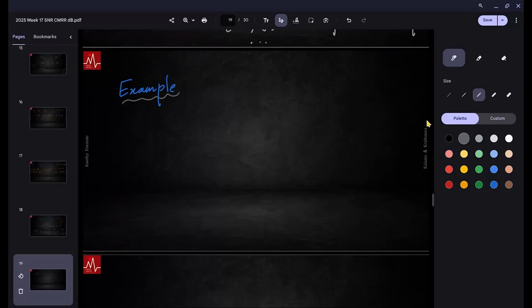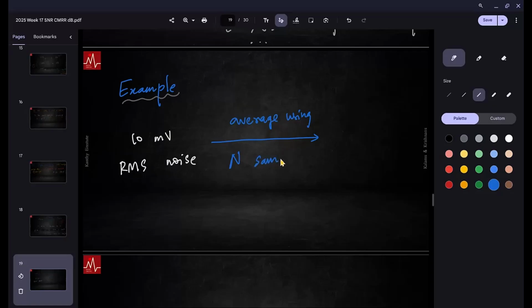In this, we have 10 millivolt RMS noise, average using n samples, it became 0.2 millivolt RMS noise.